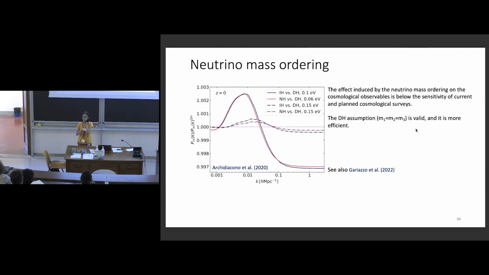Because with line intensity mapping, you can extend your redshift up to the point where you can see the non-relativistic transition of neutrinos. But I mean, it's not going to happen with SKA or even PUMA experiments, surveys.